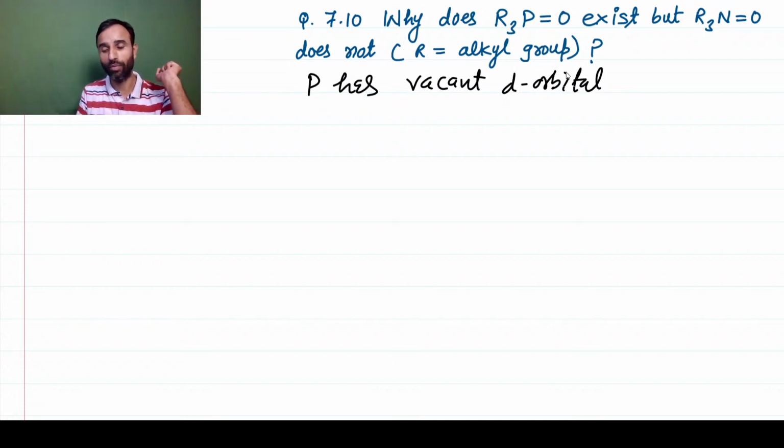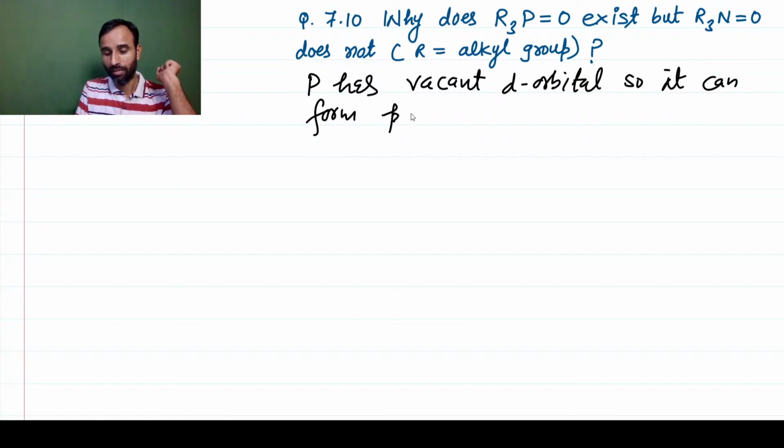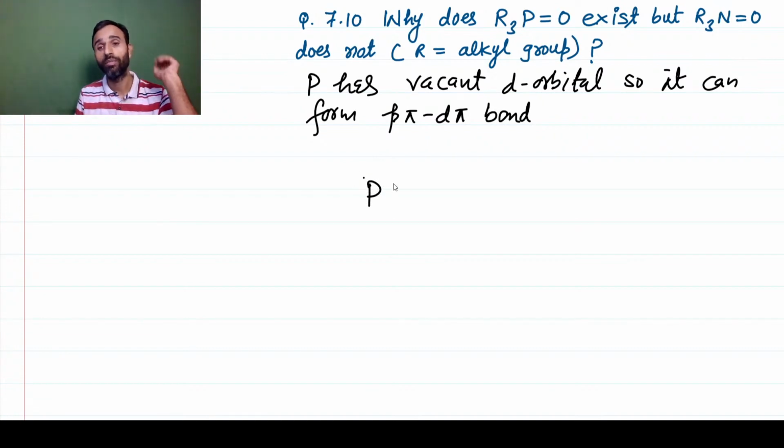Phosphorus has a vacant d orbital, so it can form a p pi-d pi bond with oxygen. Therefore it can overlap with oxygen by p pi-d pi bond.